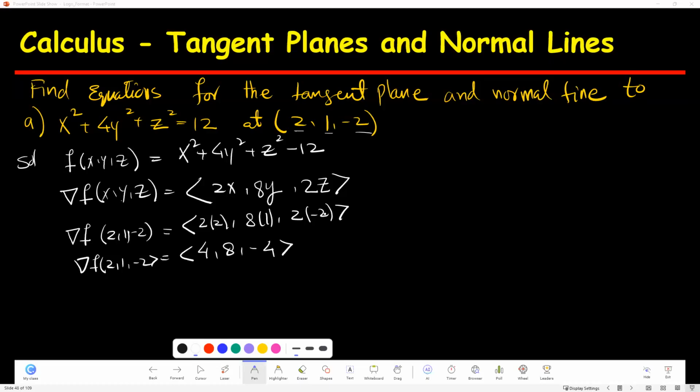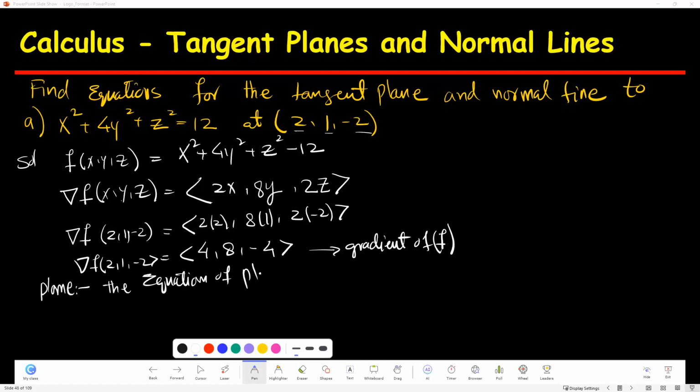Now this is my gradient, right? Gradient of f. Now I want the plane equation. The equation of a plane we already know.